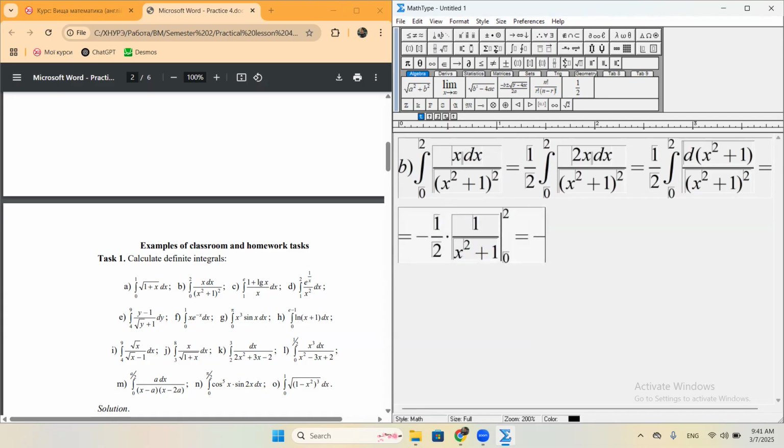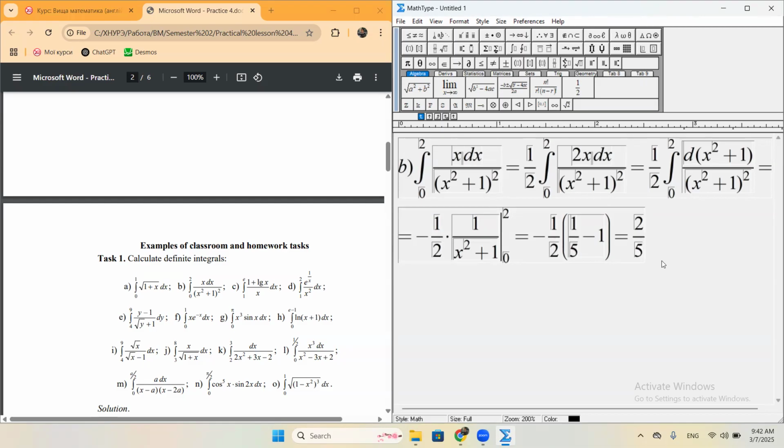Calculating it: minus 1 over 2, and now calculating this expression, 1 over 5 minus 1. So 1 over 5 minus 1 equals minus 4 over 5, and minus 4 over 5 times minus 1 over 2 equals 2 over 5. And this is the final answer.